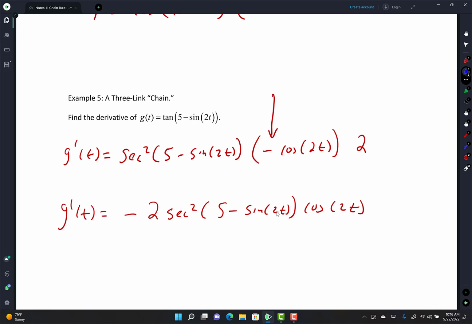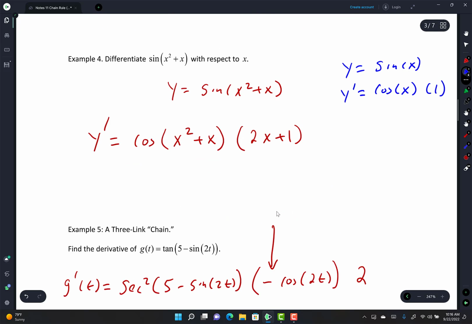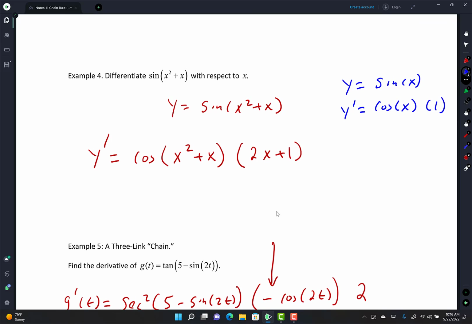Yes. We did. We took the derivative of sine, the derivative of sine is cosine, leave the inside alone or the argument alone, times derivative of this inside, 2x plus 1.